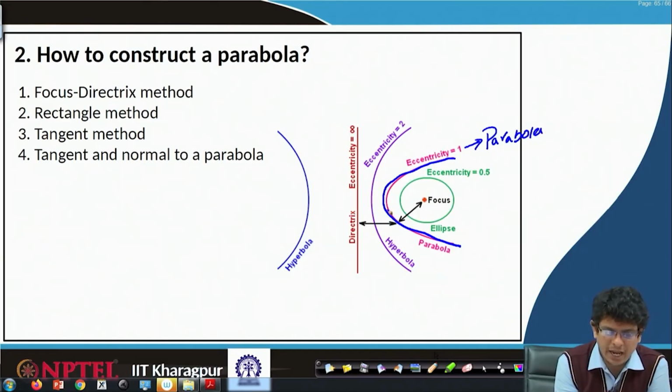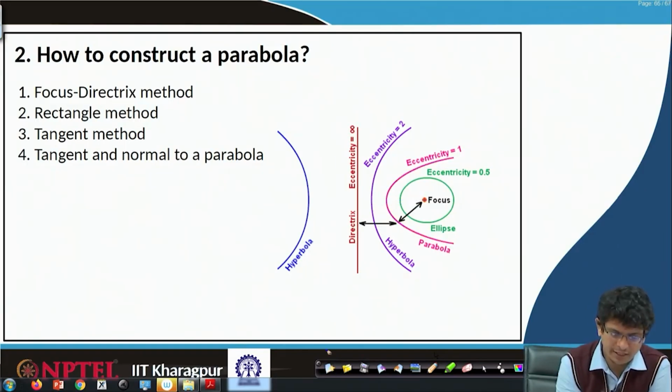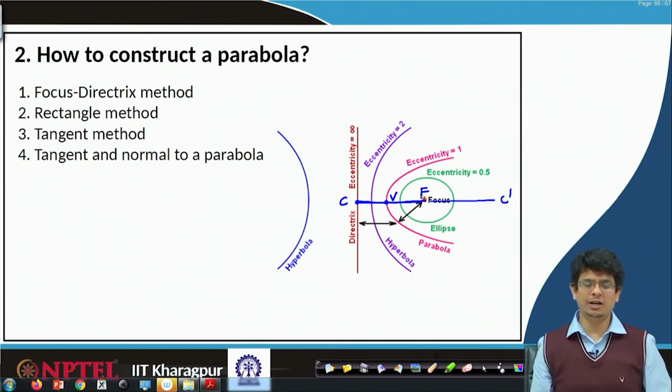That means, pick any point on the parabola, the distance from focus to the point and from directrix to that point makes an equal ratio. In this case, this one and this one are one and the same. Usually we note the focus as F, maybe a point V and this point C. On the CC axis, CV and VF are one and the same for a parabola.